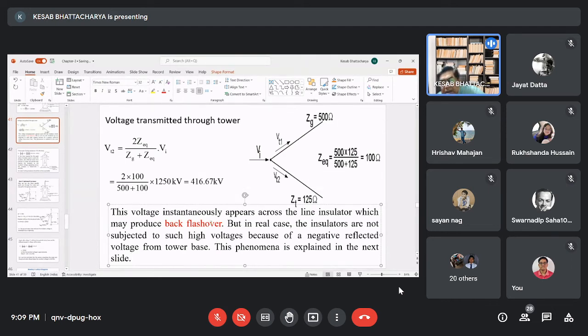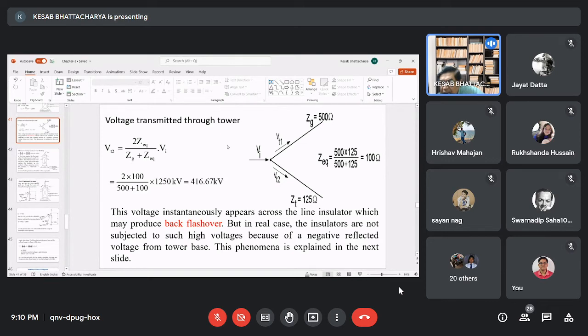So the line conductor is maintained at a potential of 132 kV, or in the case of 75 kV, it will be 75 kV. The insulators and other equipment provided in the system along with the transmission line are good enough to withstand such voltage applications.